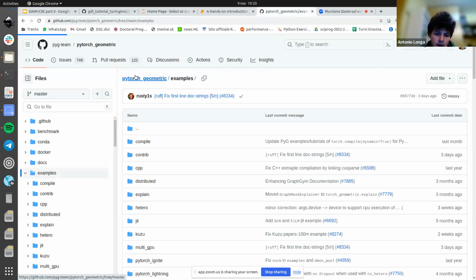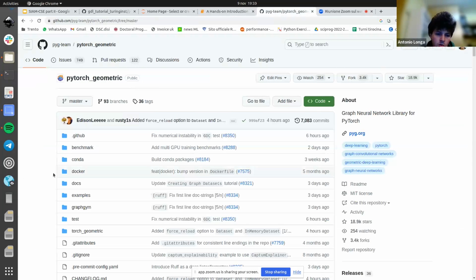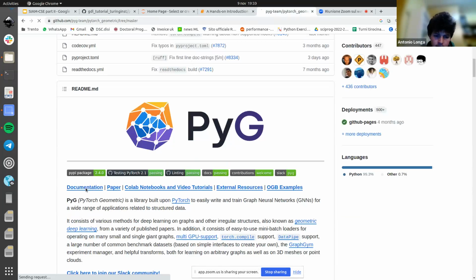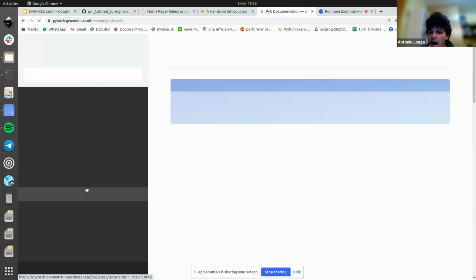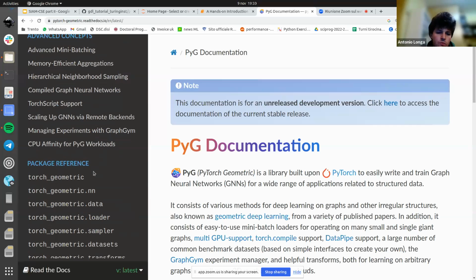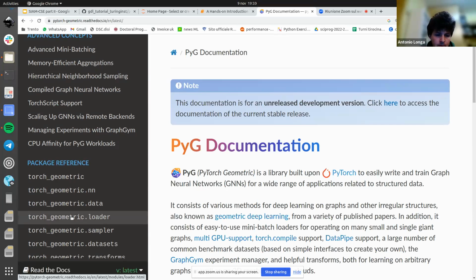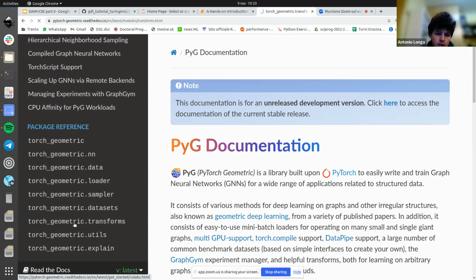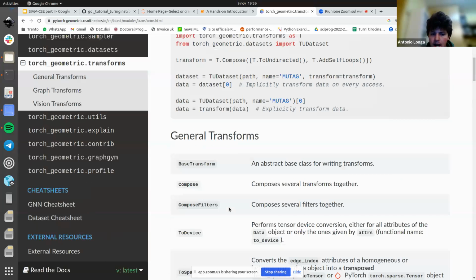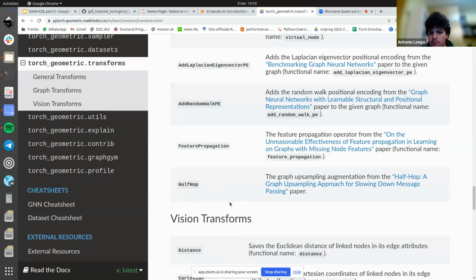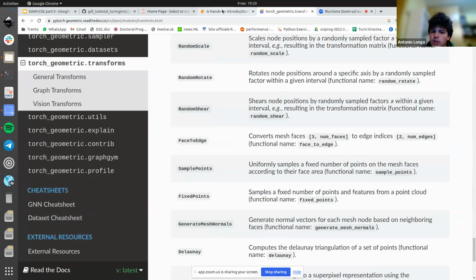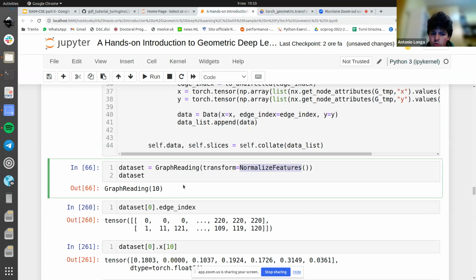There really are a lot. Again, depending on the specific problem and the specific task, you have different transformations, and each of them depends on the specific task you want to do.